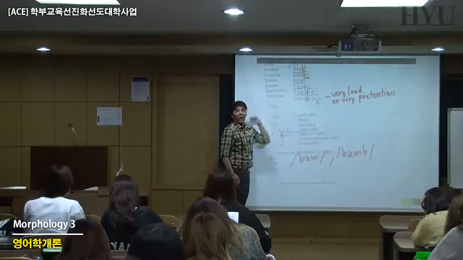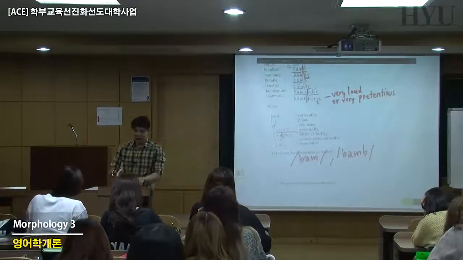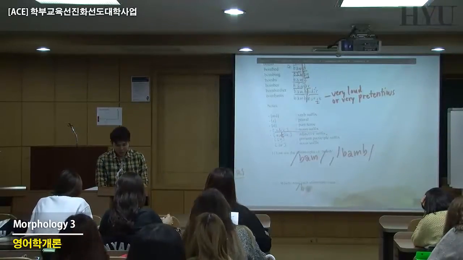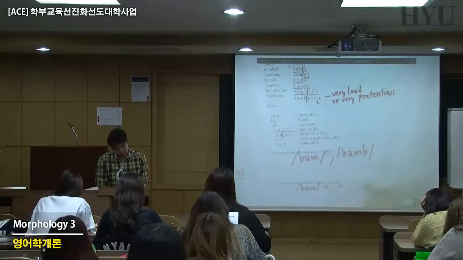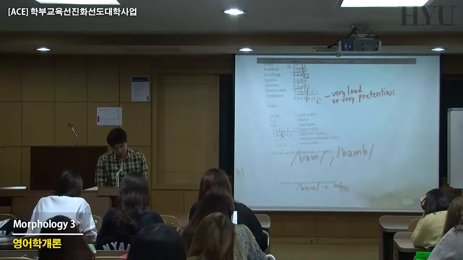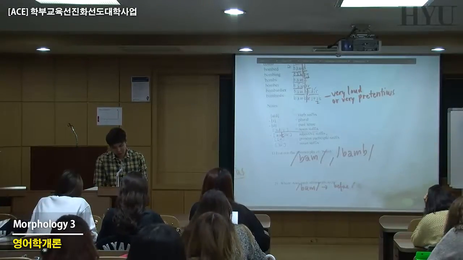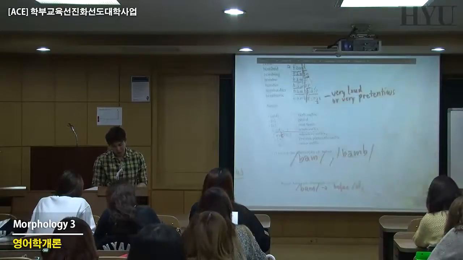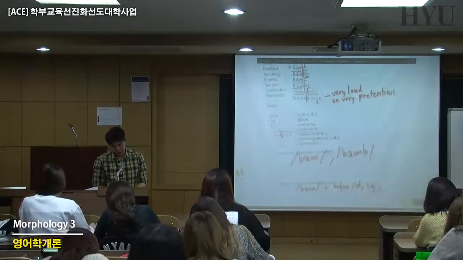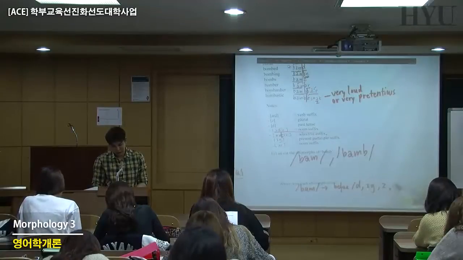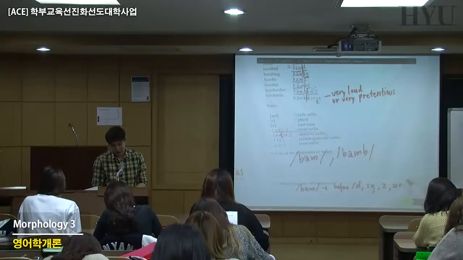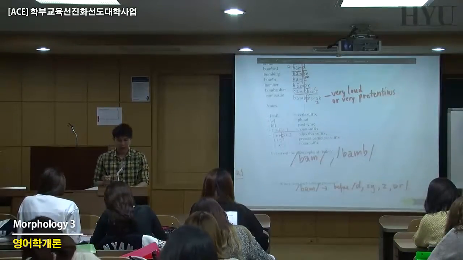So you have to list out the environment, right? You see bom where? Before the second word, D, the third word, ing, Z, and like that, right?